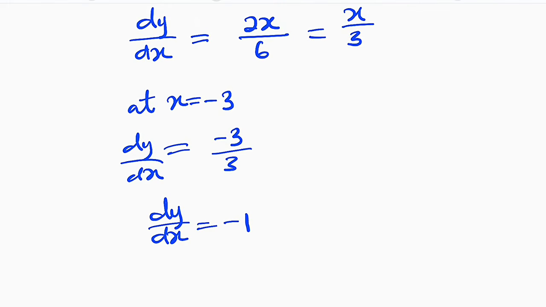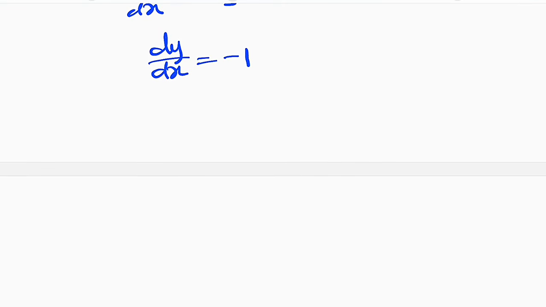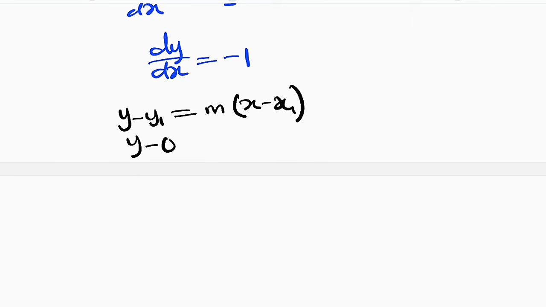So now let me bring the whole equation and substitute everything directly. Remember, it is y minus y1 equal to m times x minus x1. y is there, minus y1 is 0, and the slope is negative 1. You can see that here. Then we have x minus negative 3. Remember, the point is negative 3 comma 0.